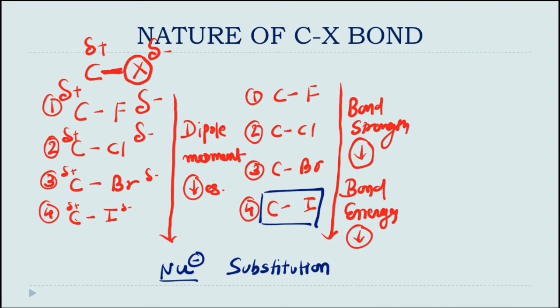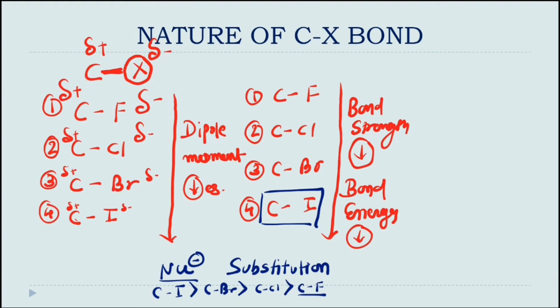So if we compare them in terms of reactivity for substitution reaction, the carbon iodine bond will be most reactive, then carbon bromine, then carbon chlorine, and carbon fluorine will be the least reactive one. Okay, so we will discuss the substitution part during the chemical properties.